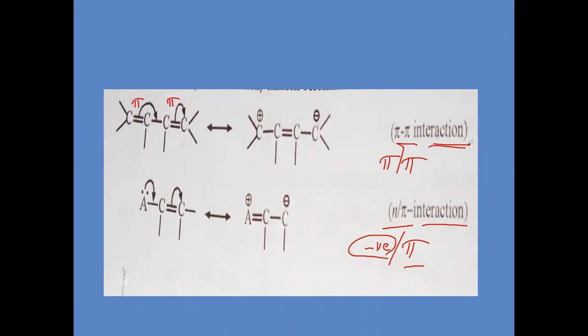This type of interaction is called pi-pi interaction. Due to this, negative charge is developed here and positive charge is developed here. In this case, two pi bonds are not there; only one pi bond is there. And also, suppose here there is a lone pair. Suppose you take the negative charge here; suppose it is a lone pair.